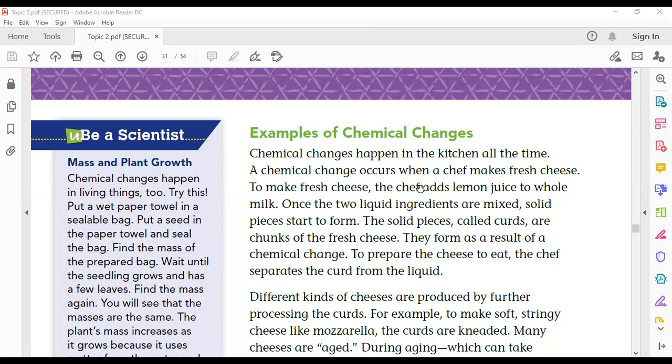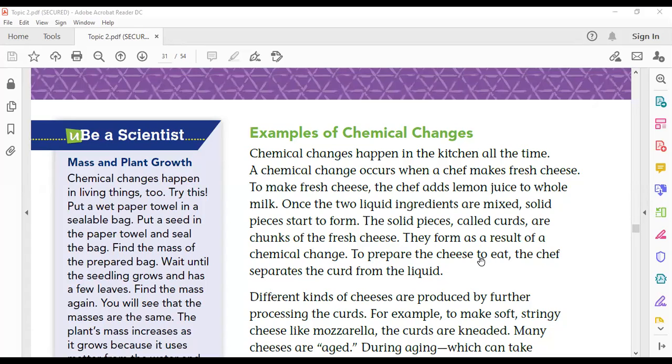When a chef adds lemon juice to whole milk and they mix, we have a new substance with different properties. This is a chemical change. The solid pieces called curds are chunks of fresh cheese. They form as a result of chemical change.